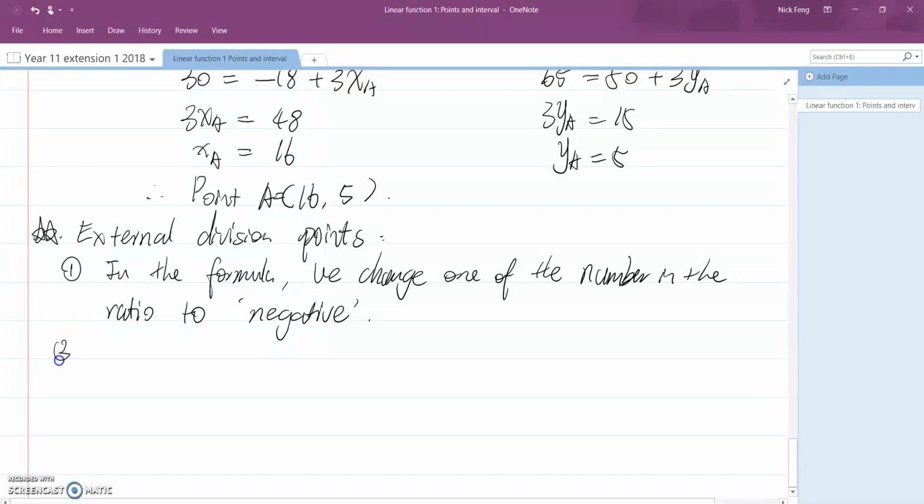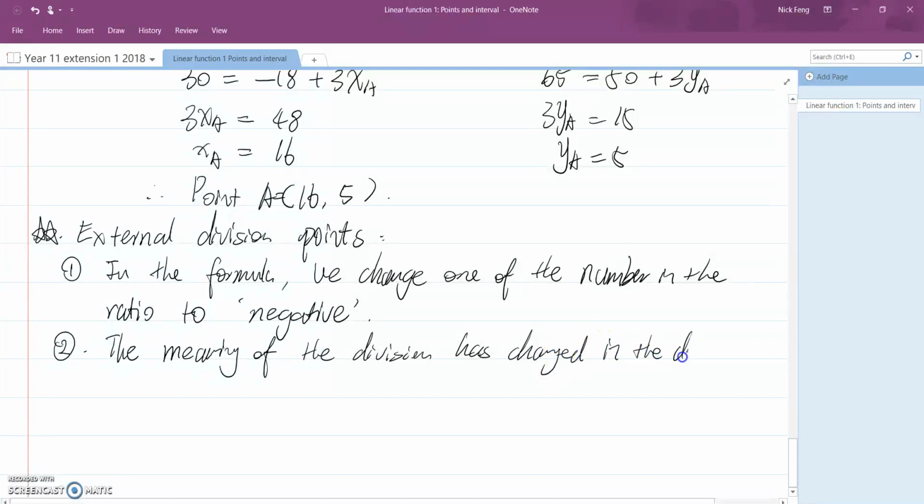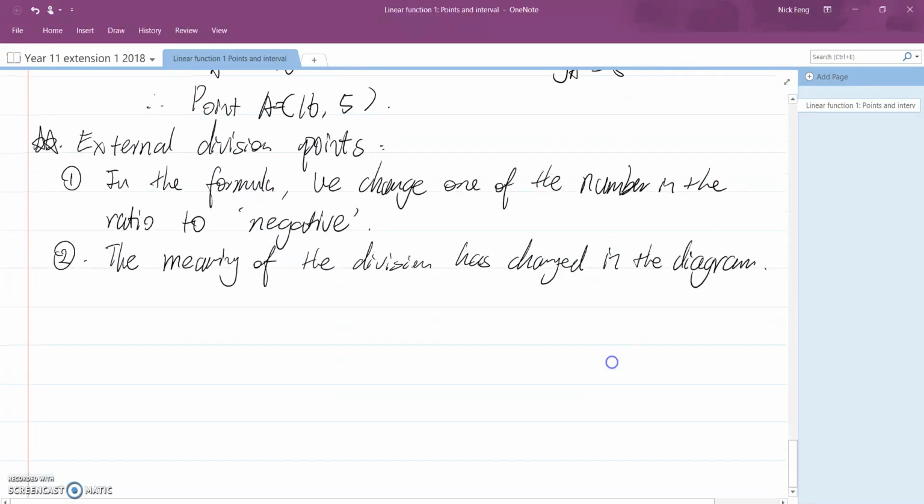However, secondly, the meaning of the division has changed in the diagram. Okay, so let's take a look at what happened. I'll show you the example.